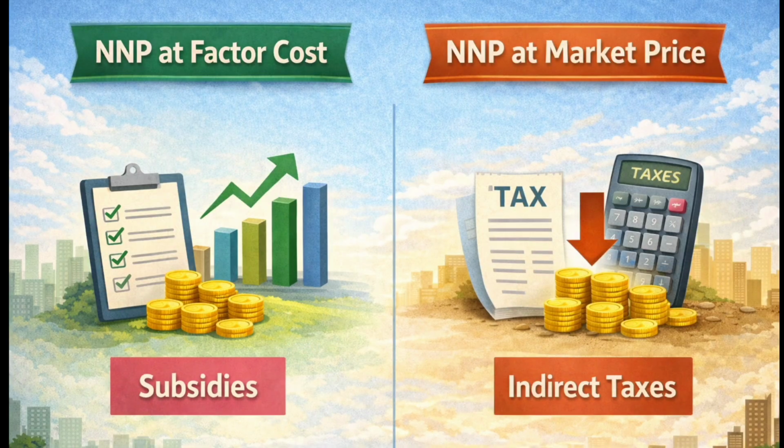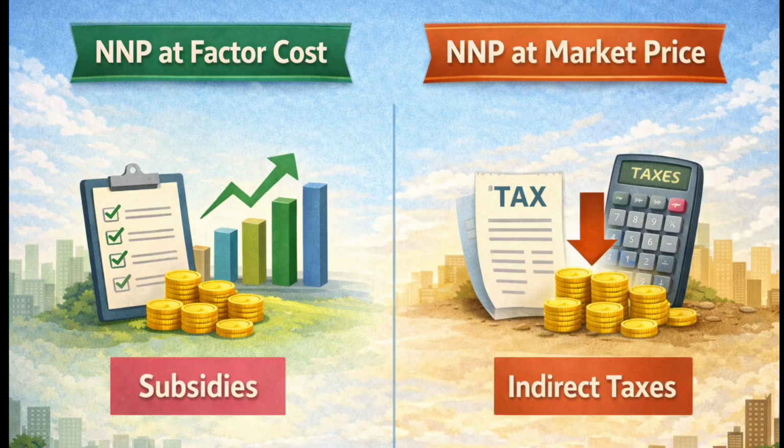Let me explain the difference between NNP at factor cost and NNP at market price. NNP at market price includes taxes and excludes subsidies, reflecting what consumers pay. NNP at factor cost removes net indirect taxes, taxes minus subsidies, from the market price to show the actual income earned by factors of production, representing the true cost of production and the real national income.